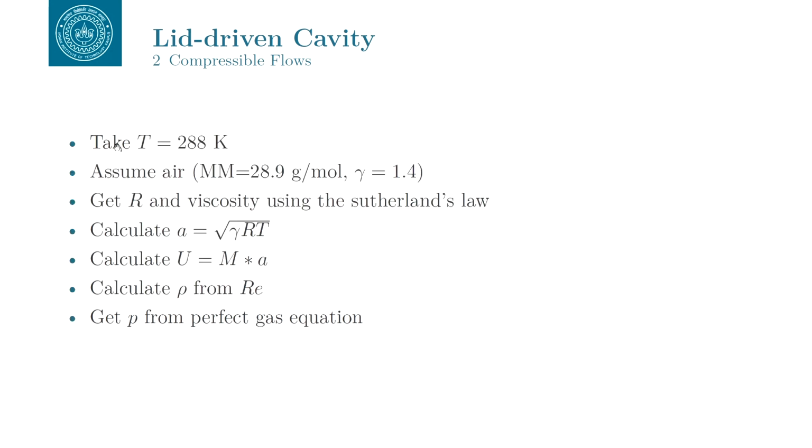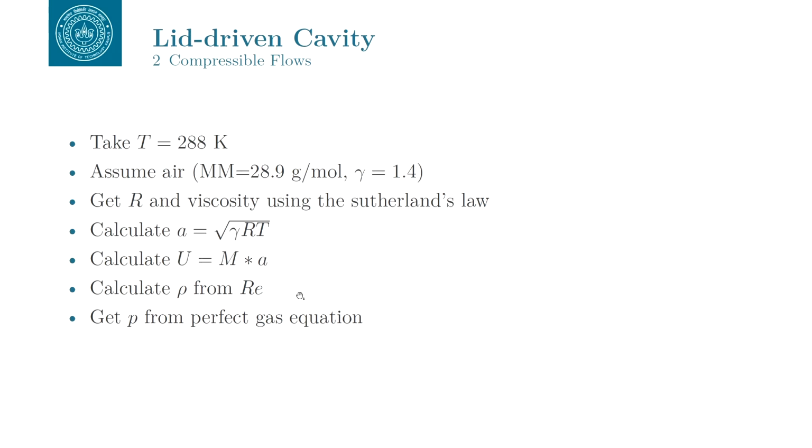In this case, for example, I have taken temperature equal to 288, assuming air is the medium. So, molecular mass is around 29 gram per mole, gamma is 1.4. These things are fixed, and you know the value of the universal gas constant, 8314.5, and you know the molecular mass, so you calculate the specific gas constant, which is R. Calculate the viscosity using the Sutherland's law, calculate the speed of sound using square root of gamma R T, calculate the velocity, which is Mach number multiplied by this speed of sound.